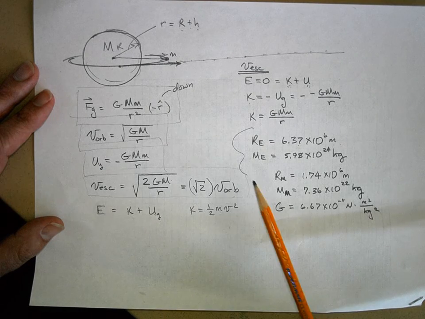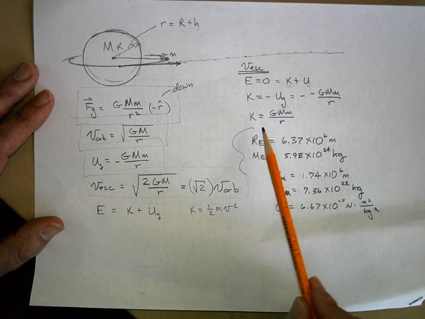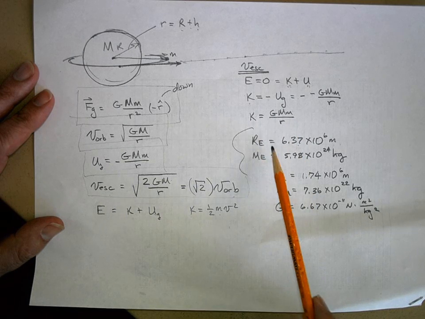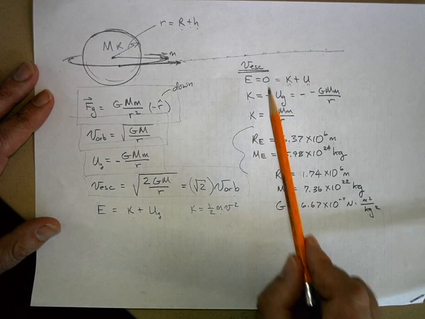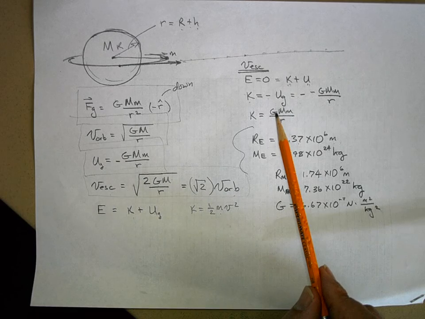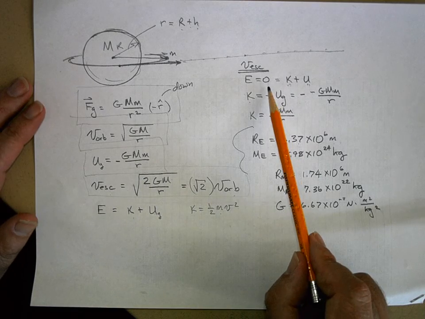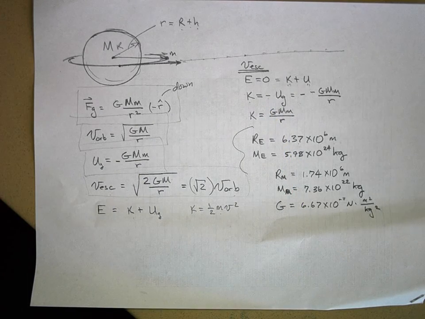Then you need to know this. One thing I showed last class that I didn't show you, that if you are at escape velocity, you have zero mechanical energy. Everywhere you go, you have zero mechanical energy.